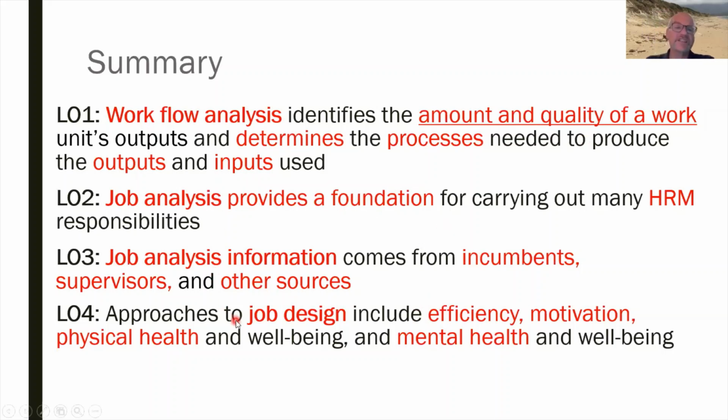So 4 things in this chapter. Number 1, workflow analysis. Okay, it identifies the amount of work and the process needed to do the inputs and outputs. So workflow analysis, just to recap there, you had your raw materials, your equipment, and your human resources. So you're thinking about putting together the bagel belt, for example. All those inputs go into activities, okay, like cooking the sandwich, like collecting the money.